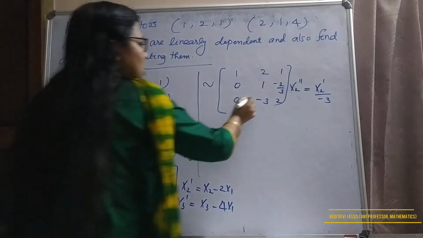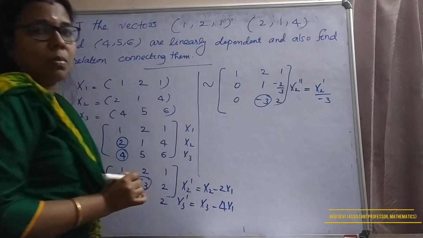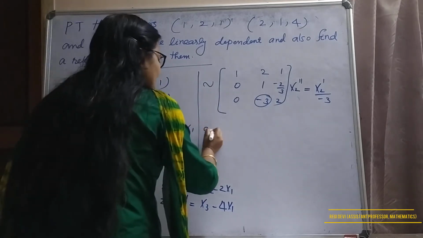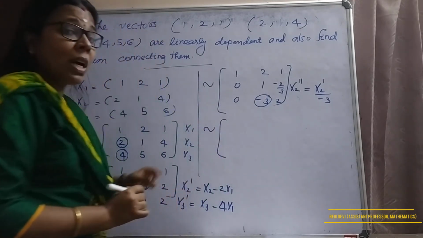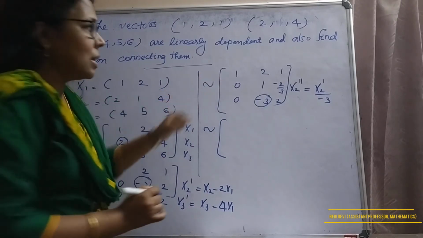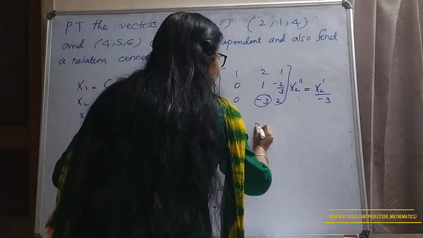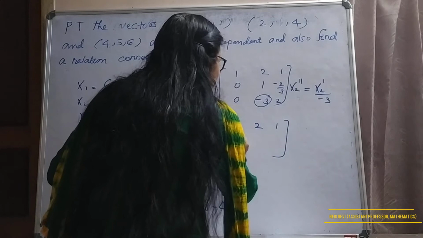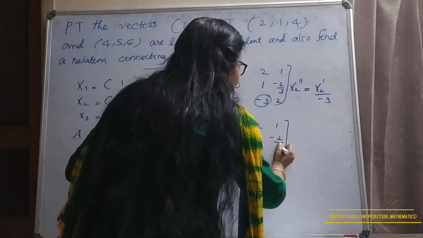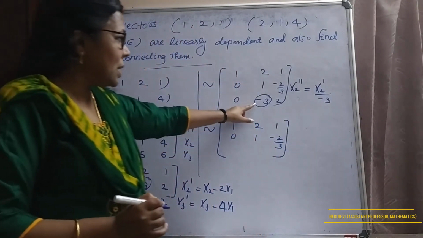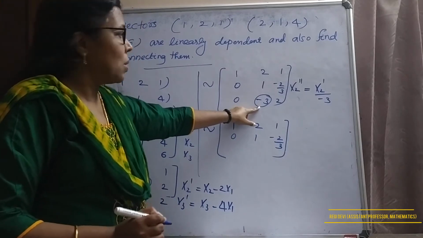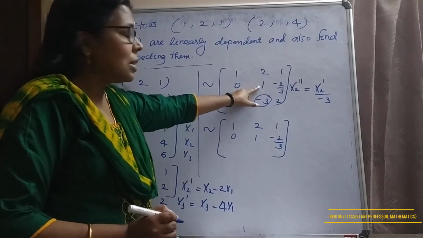Now we have to reduce this minus 3 into 0. For this, the first two rows become fixed. Therefore the first row is 1, 2, 1 and the second row is 0, 1, minus 2 by 3. Now we have to change this minus 3 into 0 by comparing it with the second row.